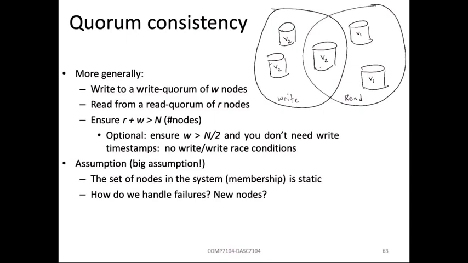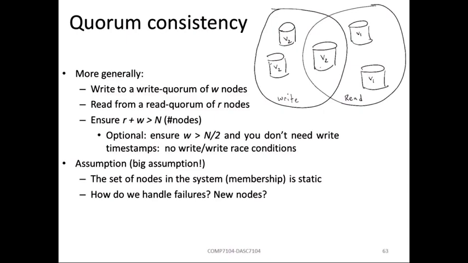Basically, if we have a degree of replication of 5, and whenever we write something, we write to at least three copies of the data, and whenever we read from at least 3 copies of the data, then at the intersection of the nodes which have been updated and the nodes from which we read, we definitely have at least one node which holds the latest value of the data, and we see it when we read that piece of data.